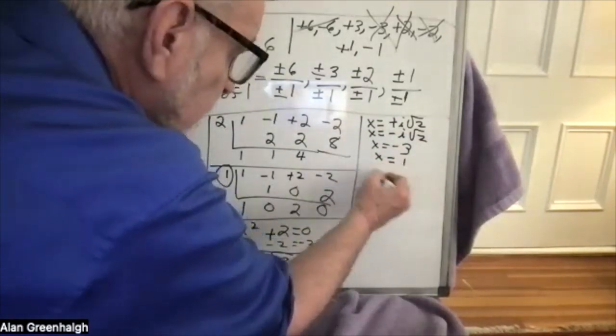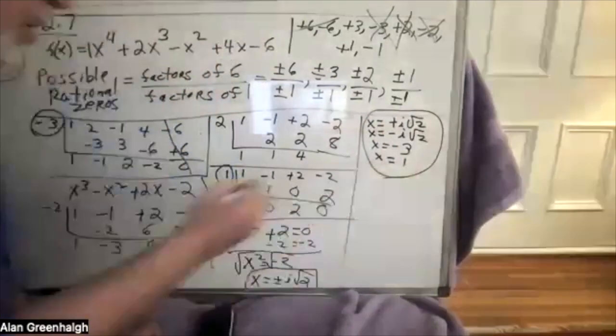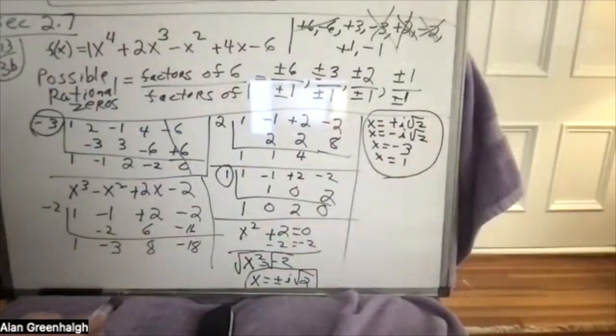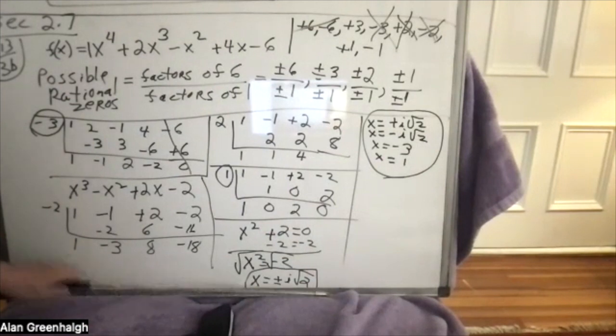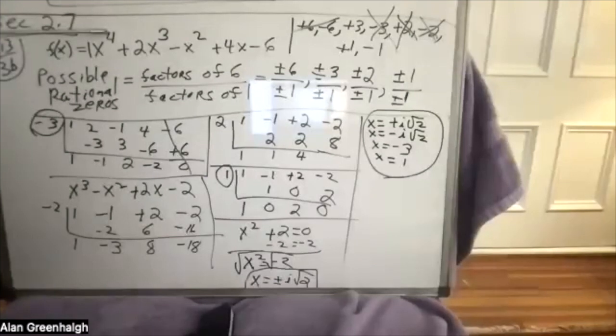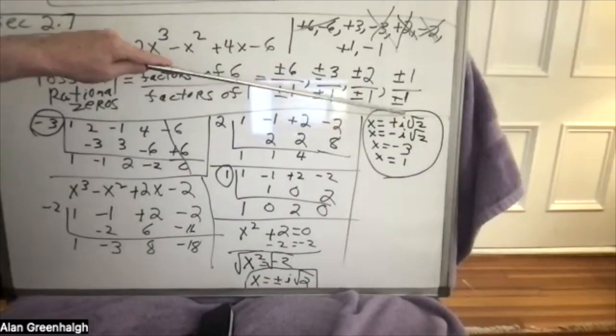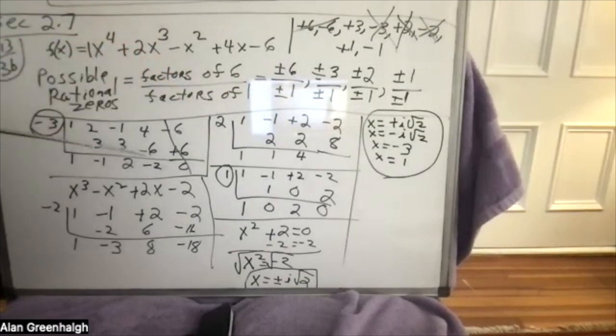These are the 4 values of x in this equation. See? It has 4 zeros. This tells us there are 4 altogether, and here they are.